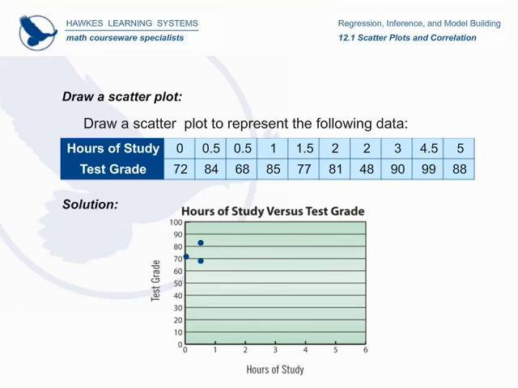Hours of study, once again, of a half an hour, or 0.5, would give us a test score of 68. This is our collected data, and so on and so forth. You can see how we're plotting the data values on our x and y axis. So this is how you would construct a scatter plot.